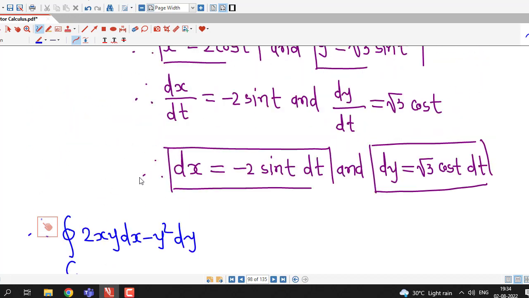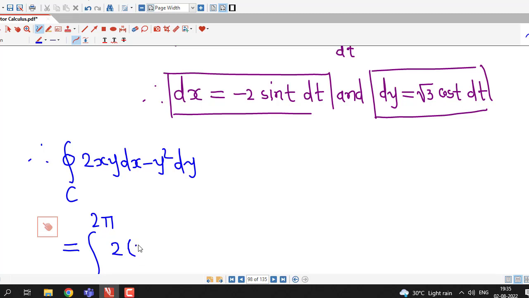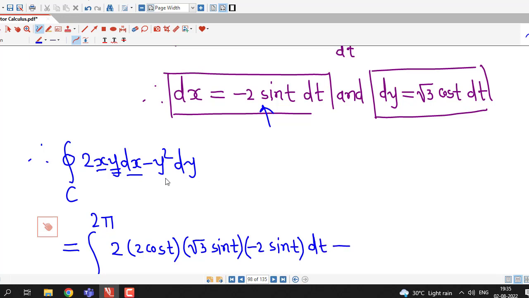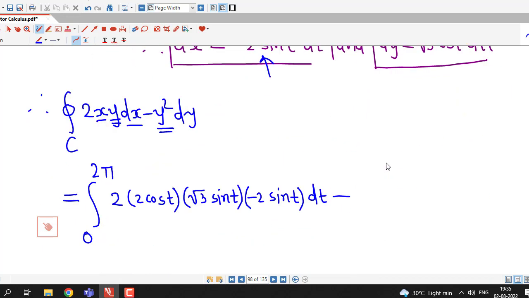We put x equal to 2 cos t, y is √3 sin t, and dx is minus 2 sin t dt, minus we have y square, and y is √3 sin t, therefore y square will be 3 sin² t.